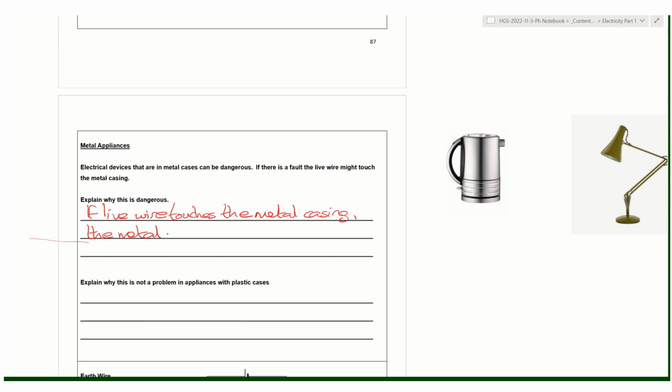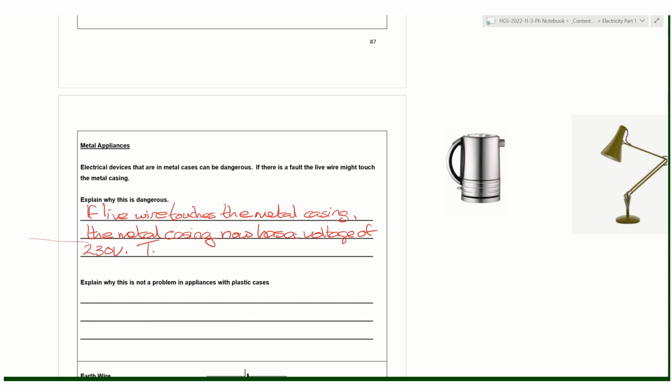Notice I didn't use the word "it" there, guys, because if I use the word "it", the examiner mightn't know if I meant the wire or the casing. The metal casing now has a voltage of 230 volts.